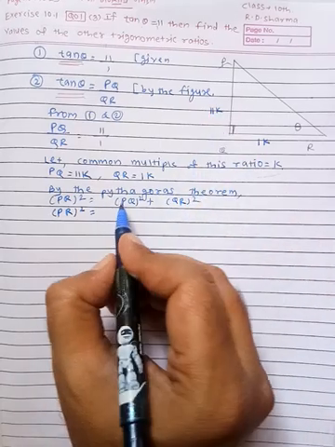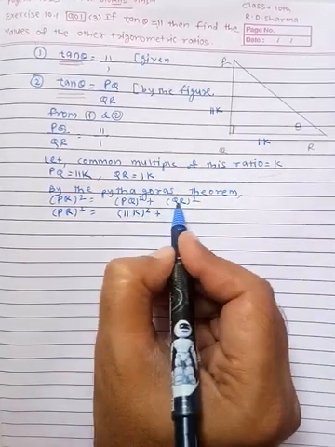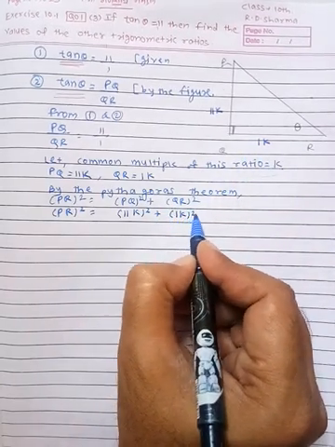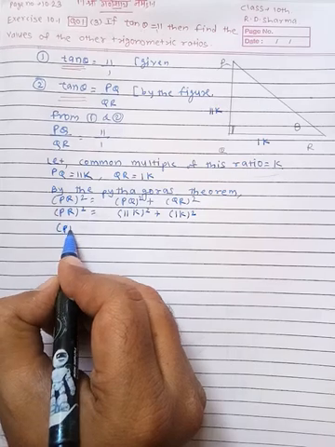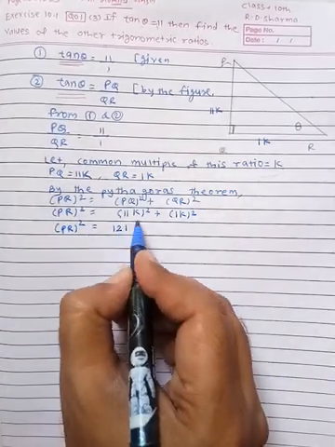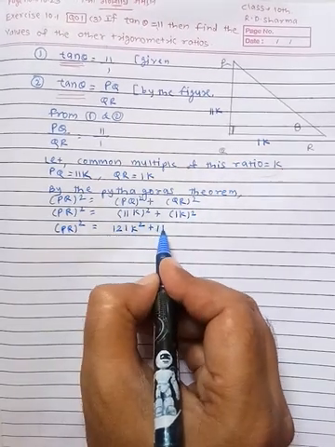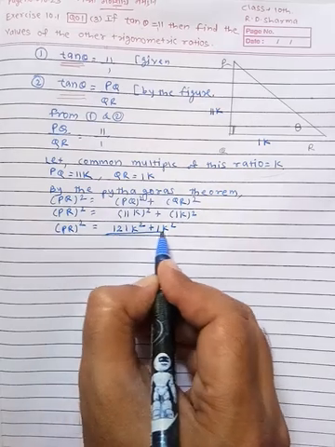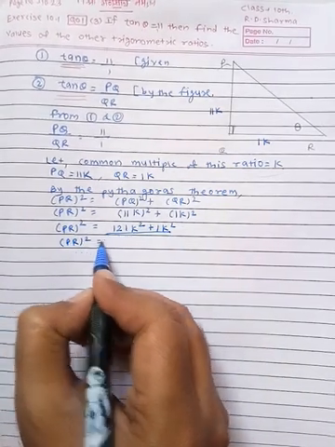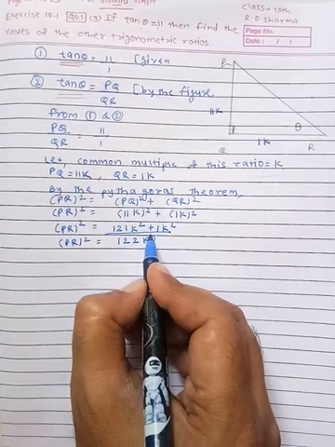PQ square is 11K whole square plus QR square, QR is 1K whole square. PR square is equal to 11 square, 121 K square, plus 1K square. The addition of 121K square plus 1K square is 122K square.